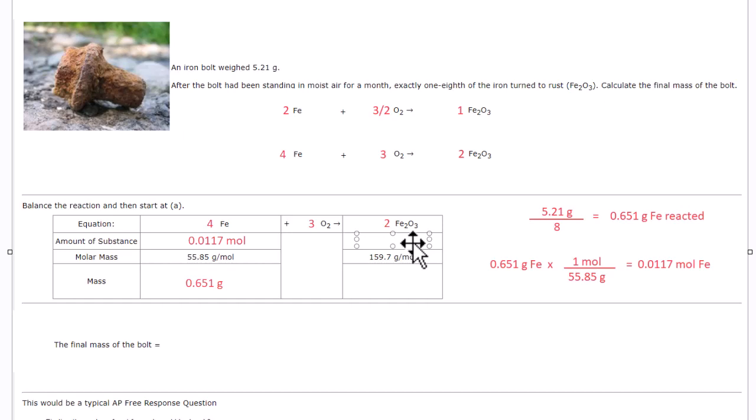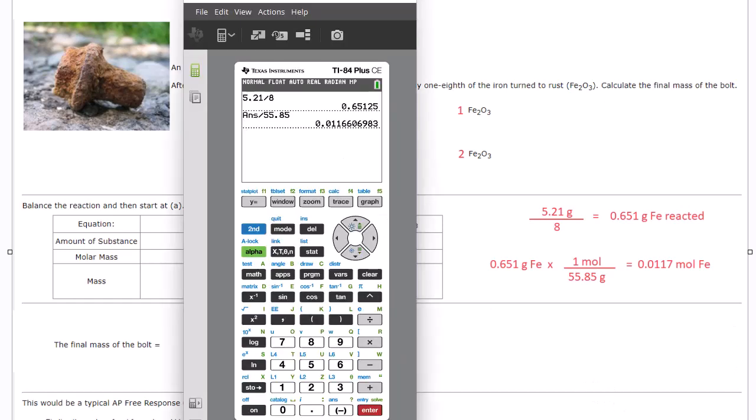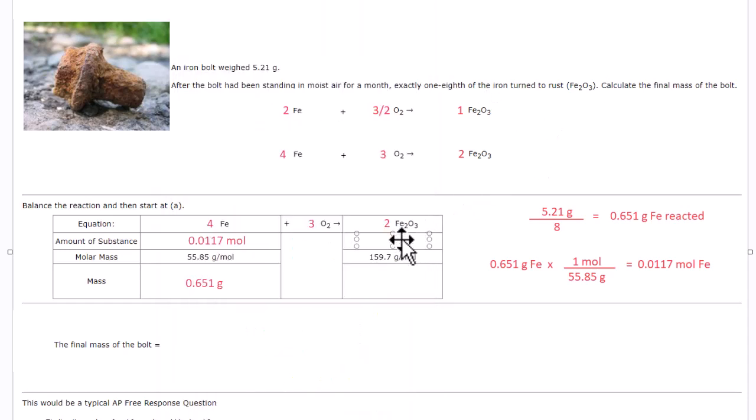You could do that without using a calculator, but I've got the calculator here, and I'll divide that by 2. 4 to 2. You could have divided by 4 and multiplied by 2. This would be our answer, and it makes sense. It's a little bit less. So we can put that answer in as our moles of iron 3 oxide. This is how much rust that iron will turn into. And again, the table helps you with that.